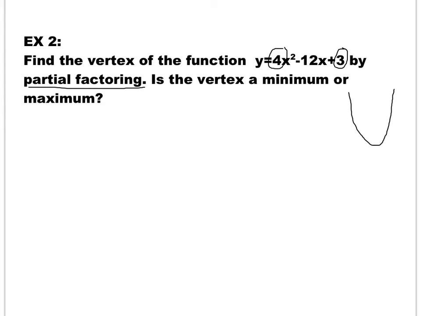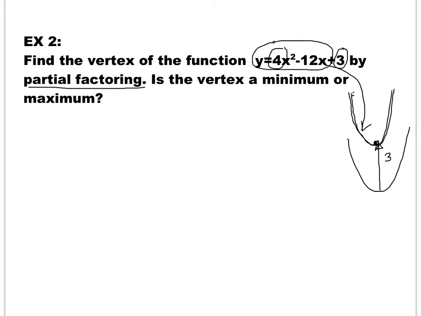So if the base function for this is somewhere around here, this means that this has been translated 3 units upward. This means that the new parabola, which is this one, compared to the parabola represented by y equals 4x squared minus 12x, which is this one, they have the same x-coordinate for the vertex.